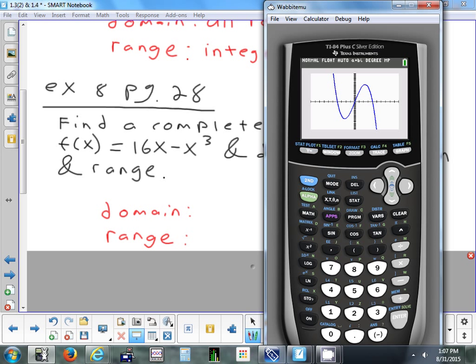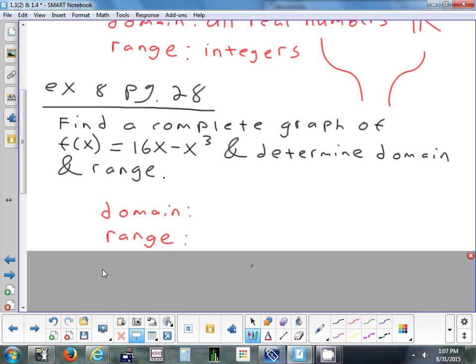Okay, so first the domain. The domain is basically how far left and right this graph is going to go. Or if you want to think of it algebraically, what values are you allowed to plug in for x here? What about Brad? What values could you plug in for x here?